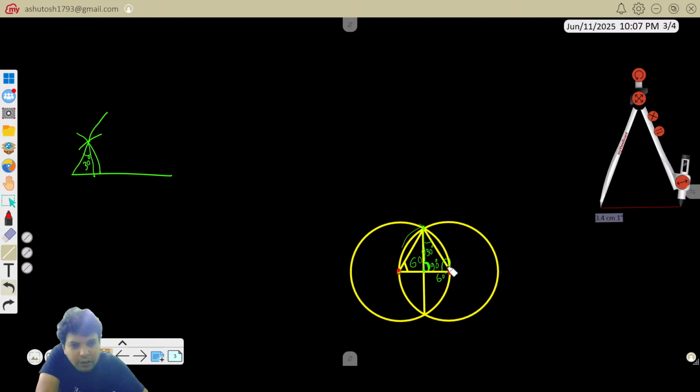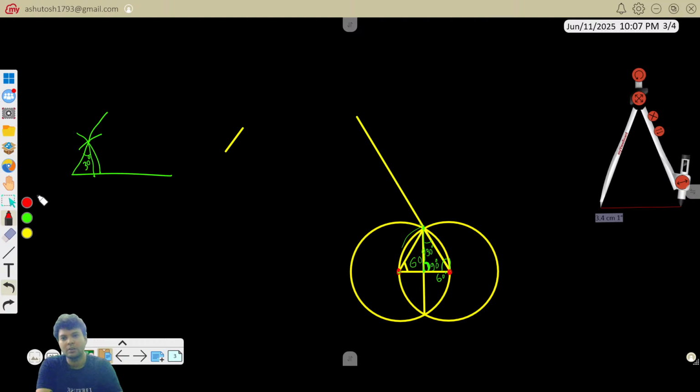This particular line will extend. If I extend this line, can you guess what the value of this angle is? This becomes 150 degrees, correct?